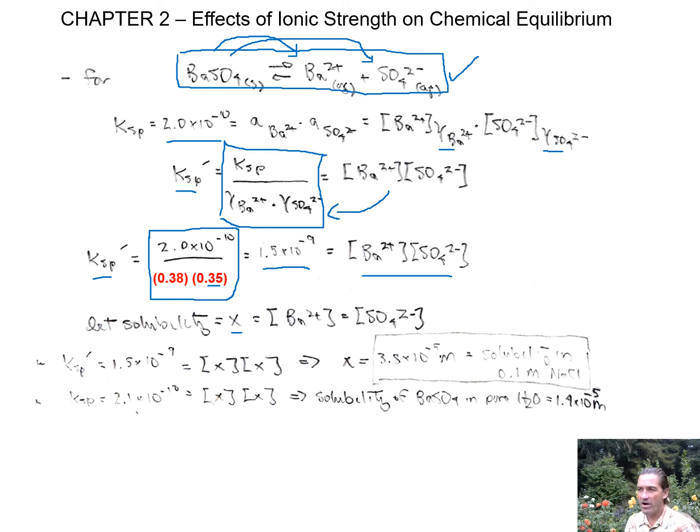So whatever concentration of barium I have in solution, I'm also going to have that same concentration of sulfate. So I'm going to let them both equal X. I then solve for X, and I get 3.8 times 10 to the -5 molar. That is the solubility in 0.1 molar sodium chloride.